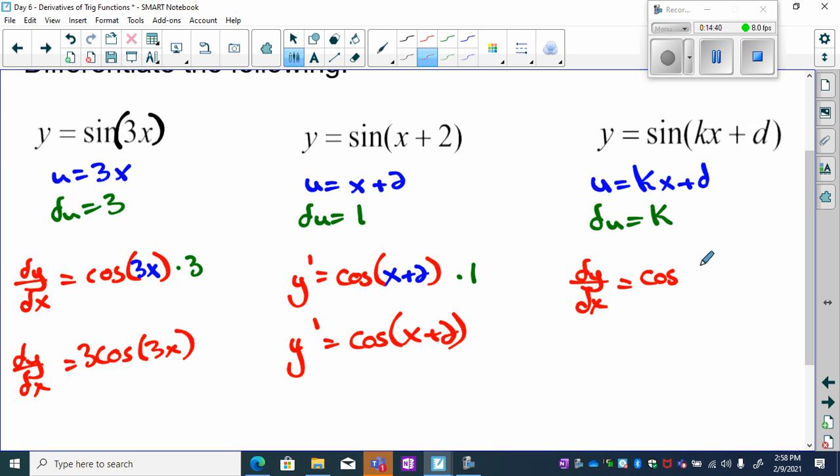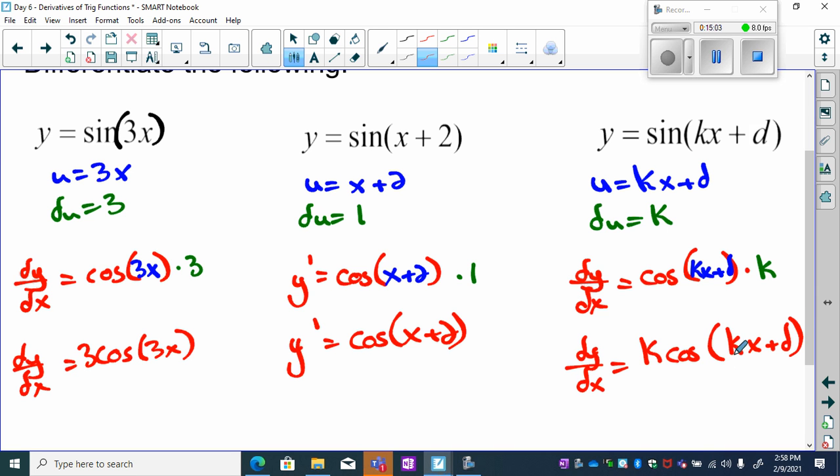It's cosine u times du. My u value is kx plus d, and my derivative of that was k. When I go to write my final answer, it becomes k times the cosine of kx plus d. Okay?